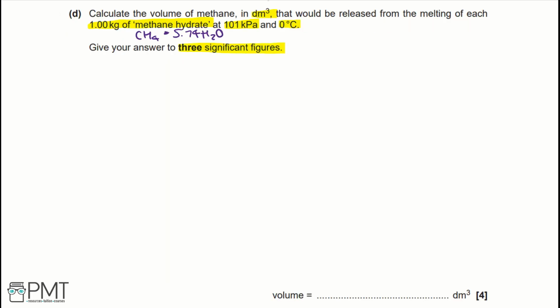D. Calculate the volume of methane in decimeters cubed that would be released from the melting of each 1 kilogram of methane hydrate at 101 kilopascals and 0 degrees Celsius. Give your answer to 3 significant figures. This question is asking us to use the ideal gas equation, which is PV equals nRT.